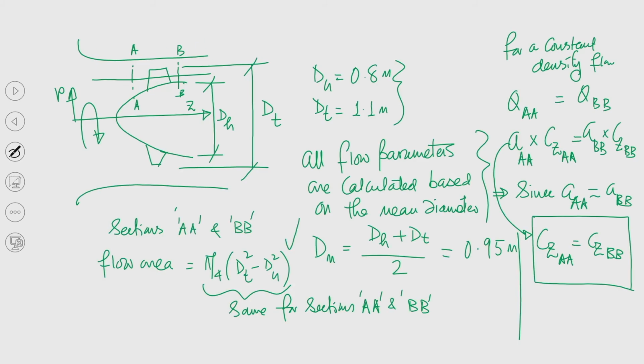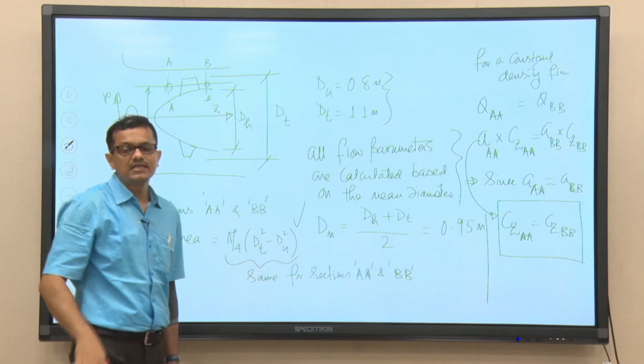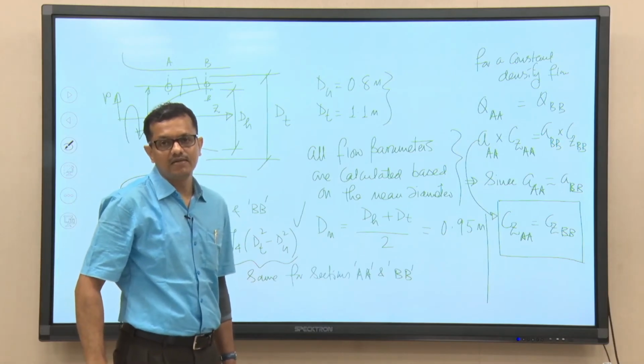So, tangential velocity u1 equal to u2 equal to u, right, since we are focusing at these two sections wherein r is the same, and that is nothing but the mean of the hub and tip diameter, right.